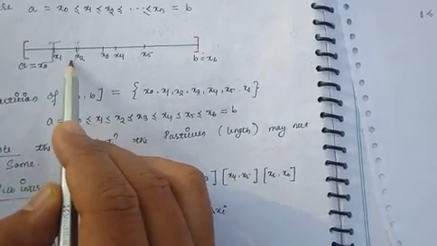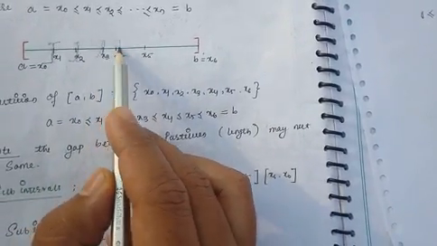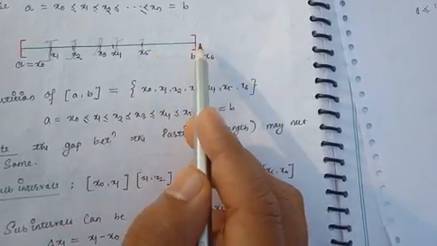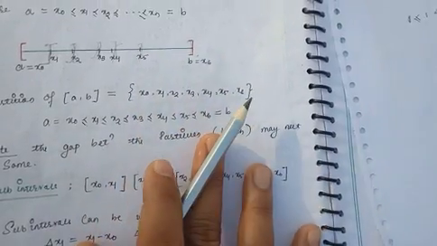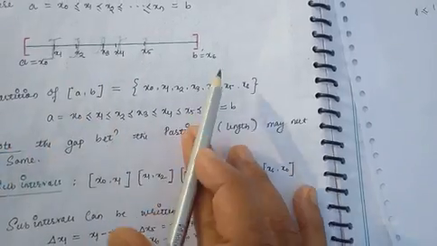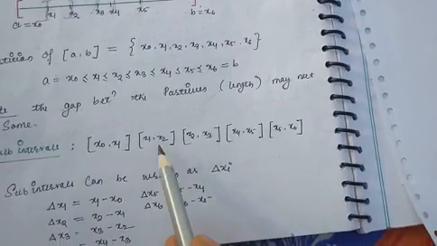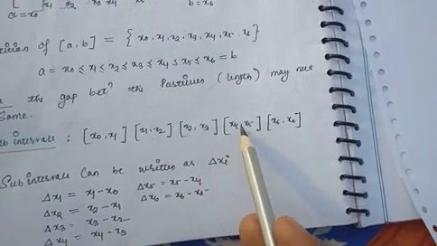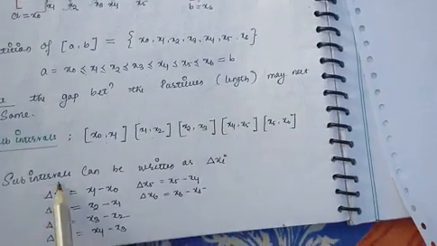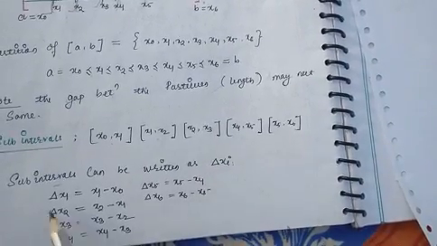Again this is one interval, x2 to x3 another interval, x3 to x4 another, x4 to x5 another, and similarly this is the last interval. So there are subintervals within the interval: [x0, x1], [x1, x2], [x2, x3], [x3, x4], [x4, x5] and [x5, x6].